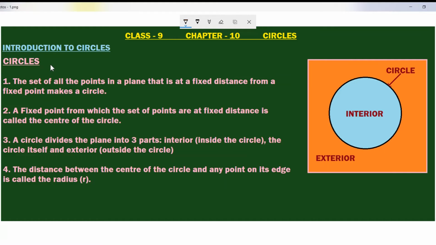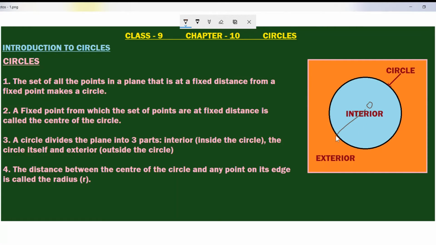Let's do that. Circles. What is a circle? We know the circle is a collection of points at a fixed distance from a fixed point. That means here we need to take the circumference of the circle. If we take this as the center of the circle O, and join any point on the circle, got it?